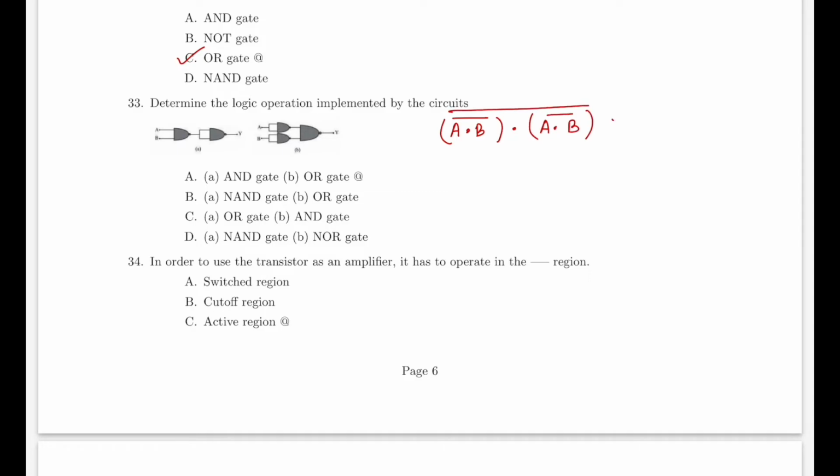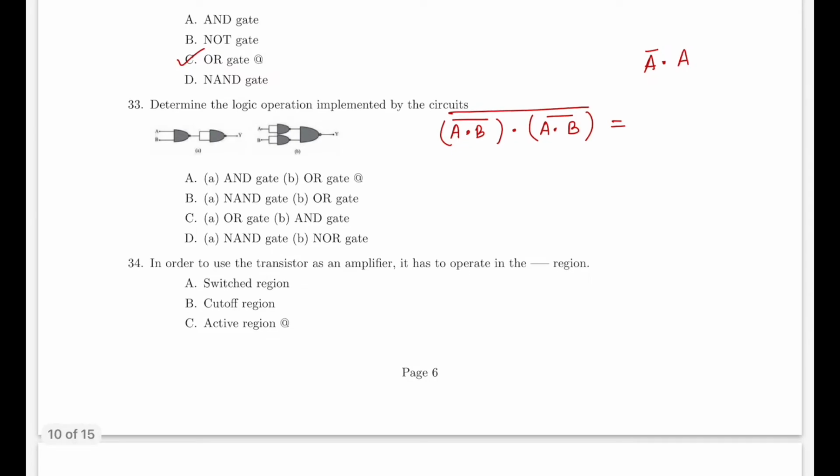As we know, A dot A is always A, so that would be (A and B bar) whole bar, which reaches A and B. So the first is AND gate, so only option 1 is matching.